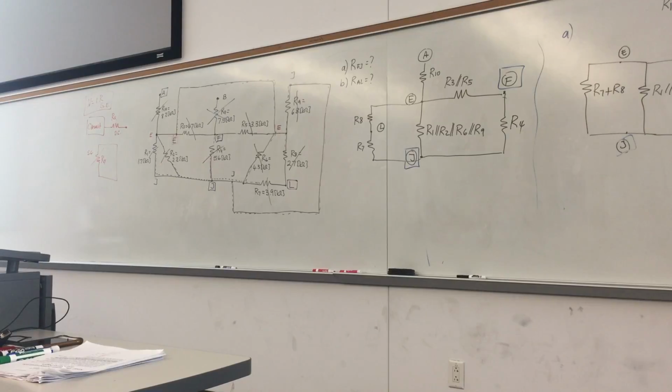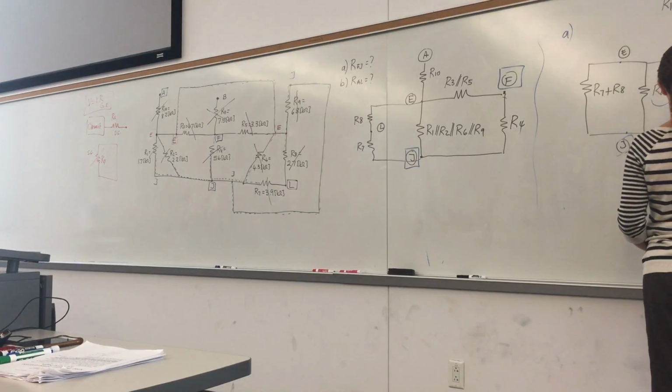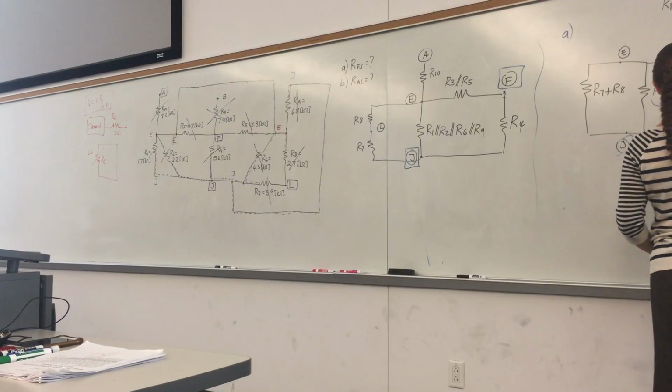That's my second drawing. Now I'm going to go one more step. What do I have here? Those 2 resistors in parallel, right? They share the same node pairs. So this resistor is in parallel with this. Let me give this a name. R pi 1. Okay?